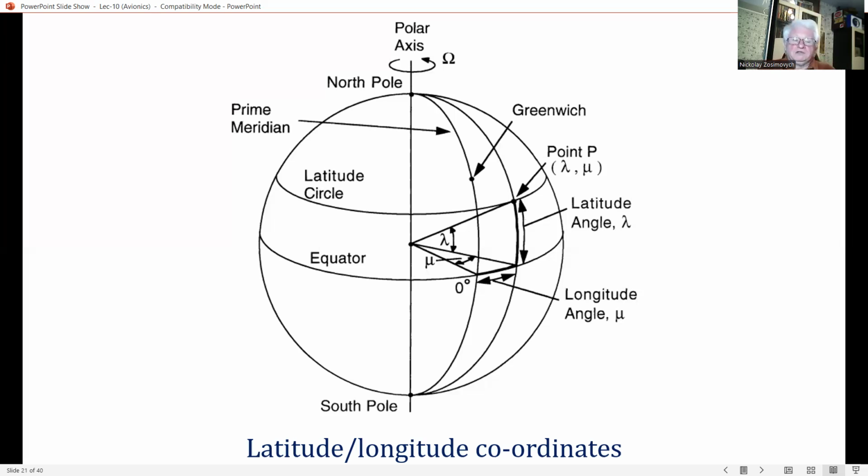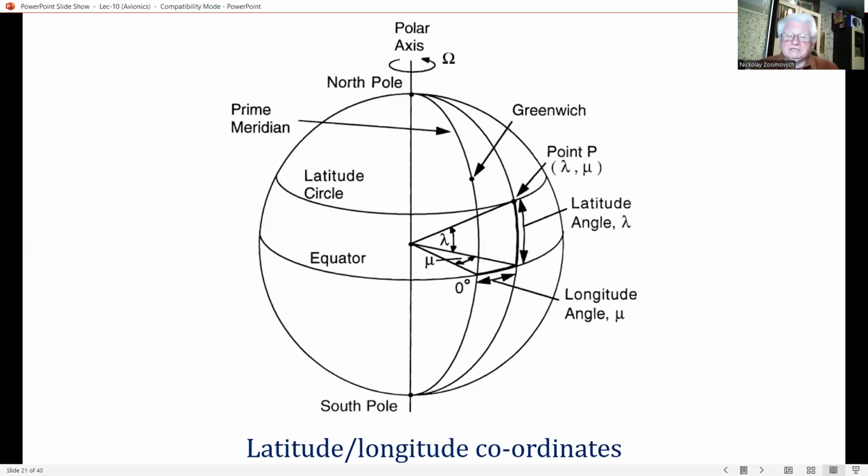The range of longitude angles to cover all points on the Earth's surface is thus 0 to 180 degrees east of the prime meridian and 0 to 180 degrees west of the prime meridian. Very logical, right? The latitude and longitude are expressed in degrees, minutes of arc, and seconds of arc.